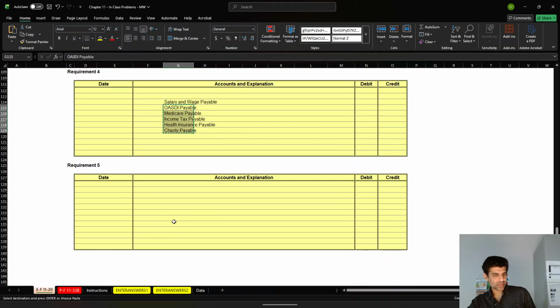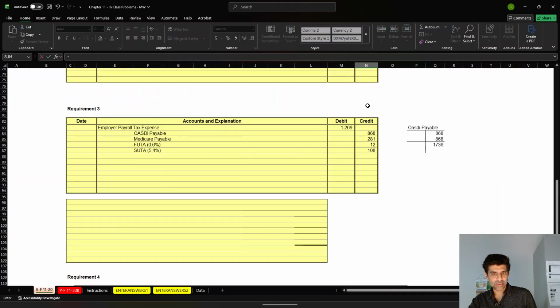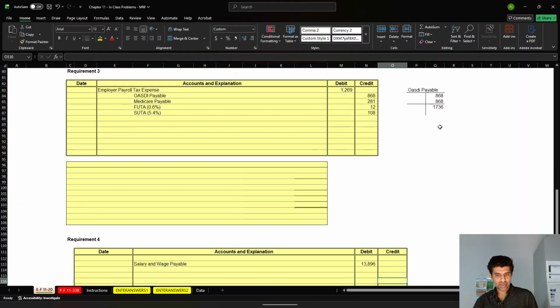So actually, I'm just going to copy these here, get rid of these. So salary and wage payable, I'm going to have to debit to get rid of it. And the amount is 13,869.96. So what should I credit? What account?